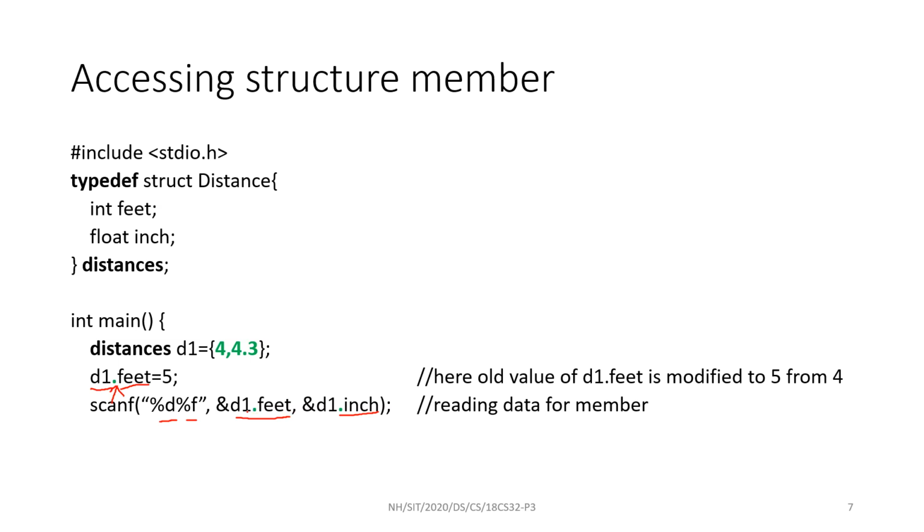Structure name, structure variable name, dot member name. That is important. The same way we are going to print it. To print it, again, structure member name, structure variable, and dot operator. Okay. Accordingly, you can access it. Any member can be accessed with the dot operator.